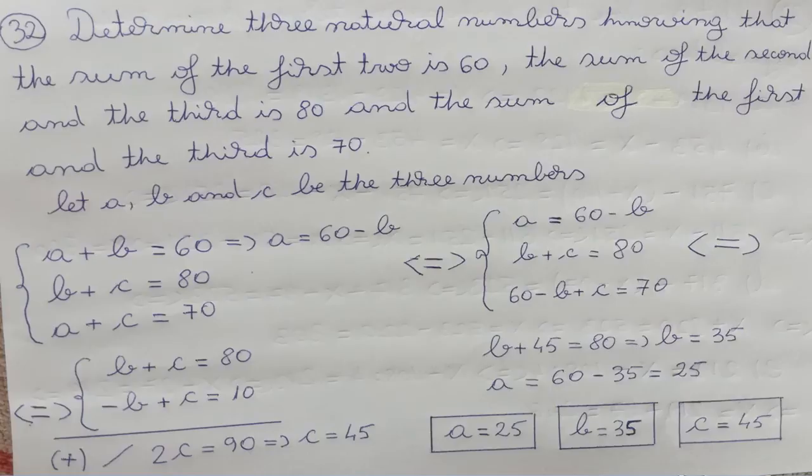So we add the two equations together and obtain that 2C is equal to 90, so C is equal to 45. B plus 45 equals 80, so B is 35. A is 60 minus 35, so A is 25.